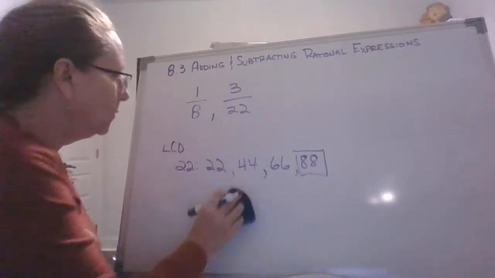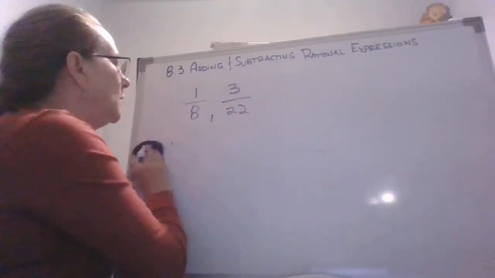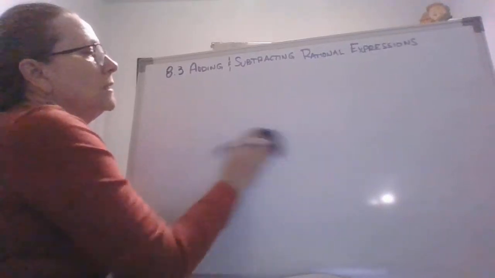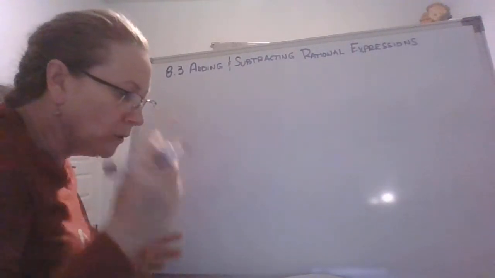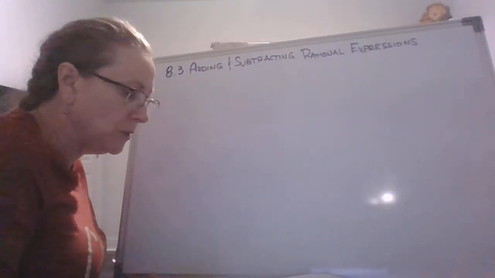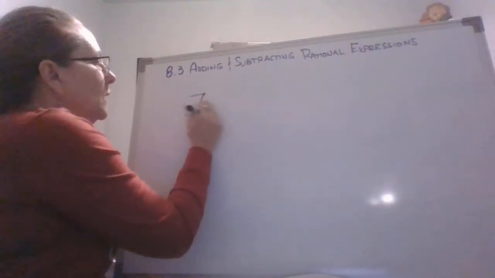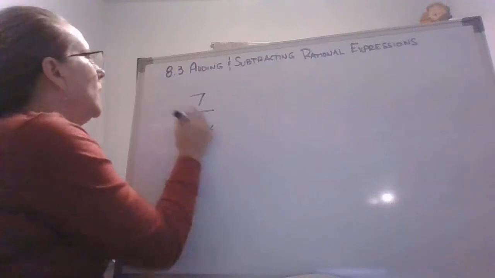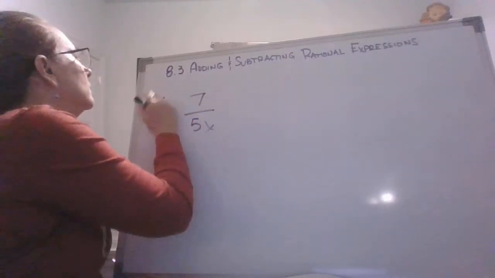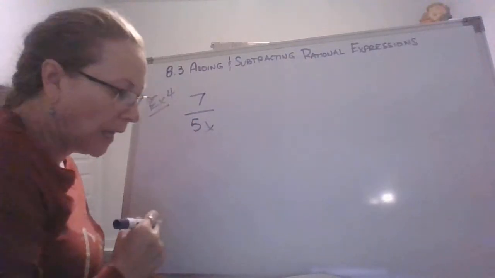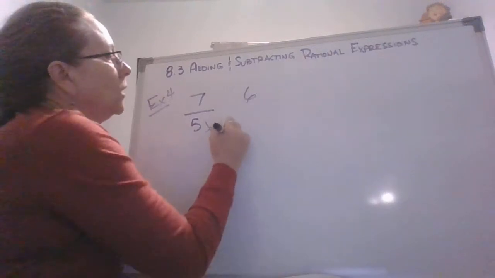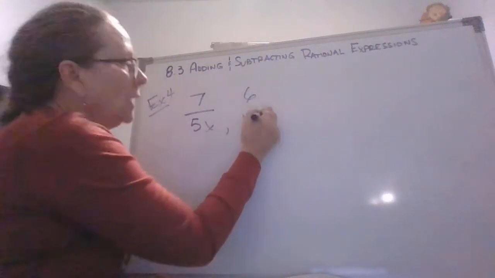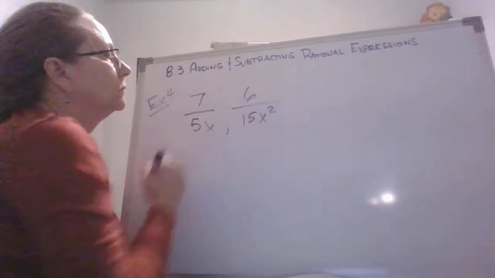Okay, going back to an expression before we jump in to another one that has a binomial, a little bit of some binomials. Let's try this is example 4. 7 over 5x and 6 over 15x squared.